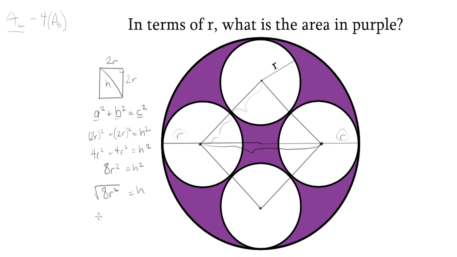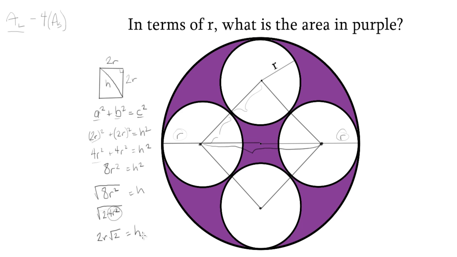So let me rewrite this as 2 times 4r squared. And if you recall, 4r squared is the result of 2r squared. So unsquaring this term, when I bring it outside of the square root, I get 2r root 2 equals the hypotenuse.